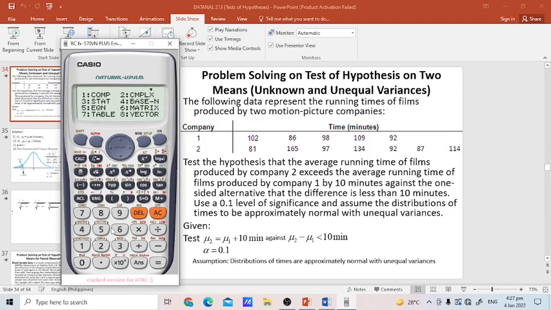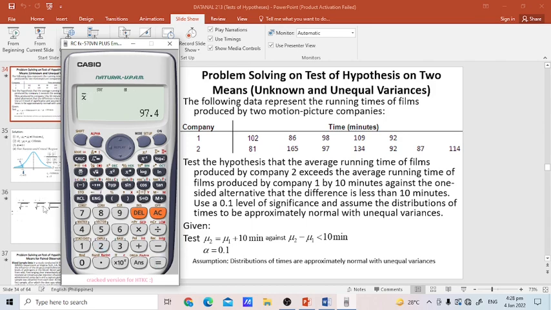We have 102, 86, 98, 109, 92. In statistics mode, shift 1, data, shift 1, 4, then the sample mean x bar 2.